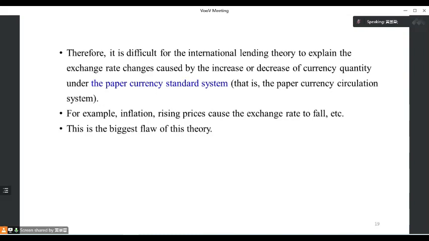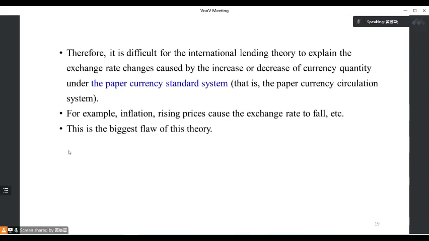So, for example, inflation, rising prices cause the exchange rate to fall, etc. This is the biggest flaw of this theory.